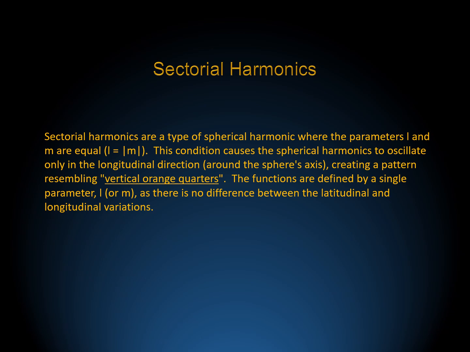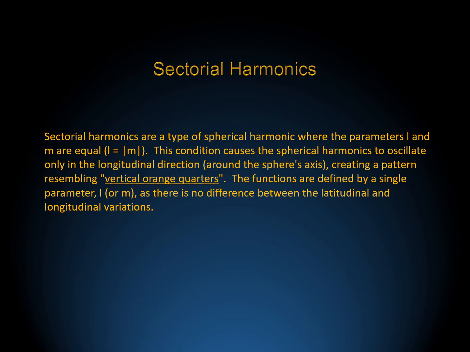Sectorial harmonics are a type of spherical harmonic where the parameters L and M are equal, that is, L and M in absolute terms are equal. This condition causes the spherical harmonic to oscillate only in the longitudinal direction, that is, around the sphere's axis, creating a pattern resembling, quote, vertical orange quarters.